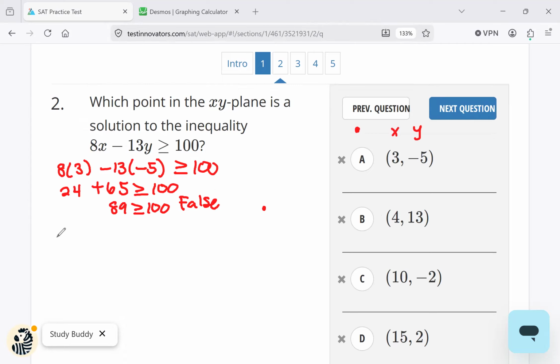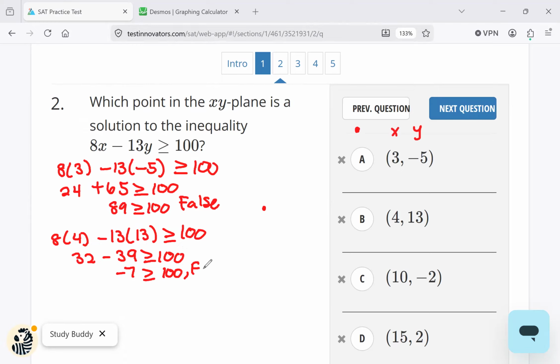What about 4 comma 13? Let's check it. 8 times 4 is 32, and the result is negative 7. That's obviously not greater than 100, so that's very false.